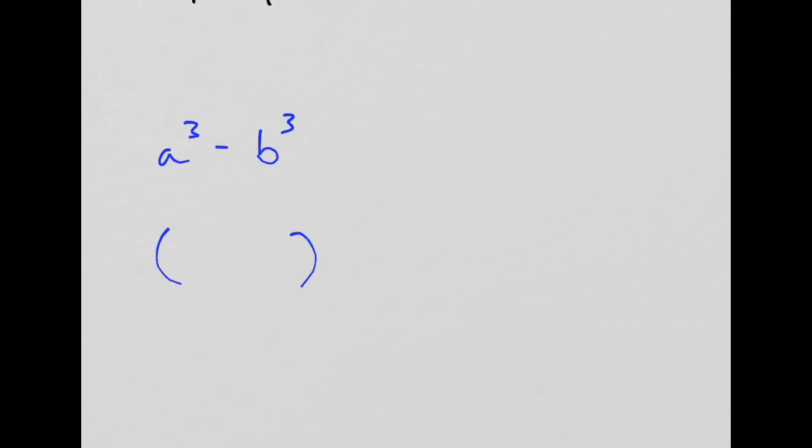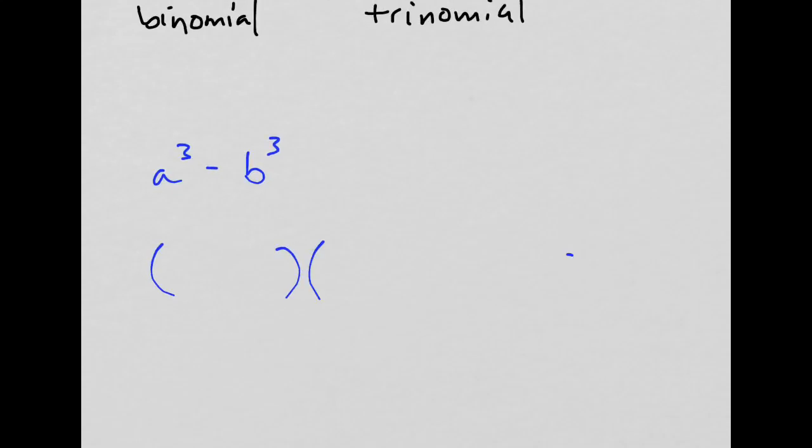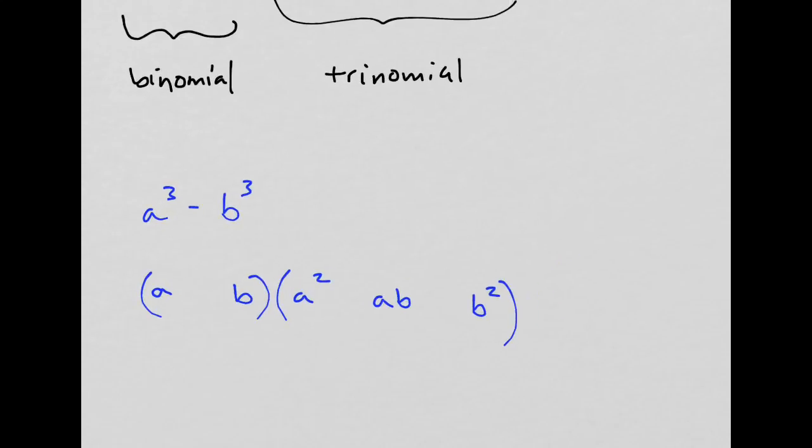You do small parentheses and then longer parentheses. The first one is for a binomial, and this one's for a trinomial. Then you fill it the same way, almost. This is a, this is b, this is a squared, this is b squared. In the middle, it's a times b. And then you remember SOAP.